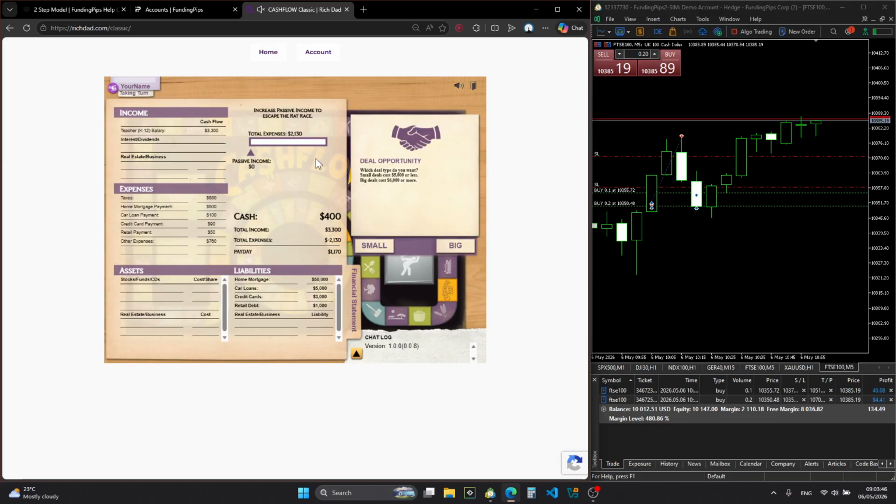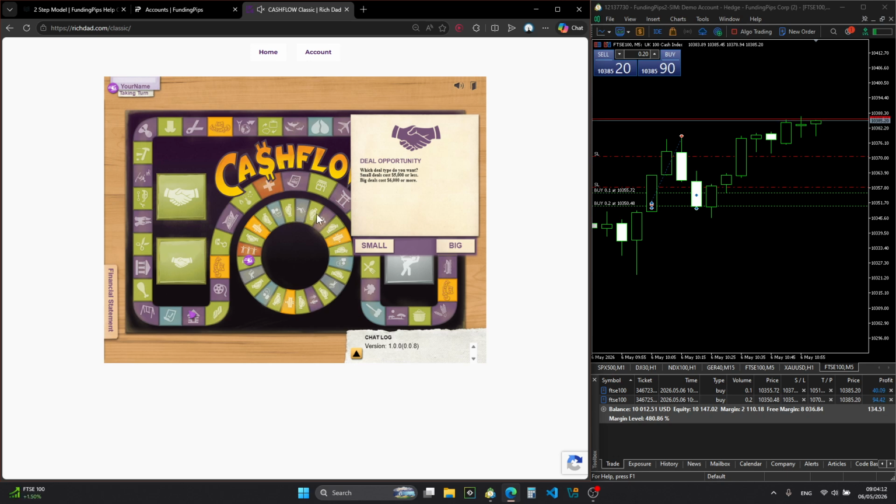So now this is income and expense. It's like a trial balance or financial statement of you as a person. You have income, expenses, assets, liabilities, right? And you are given opportunities every time.